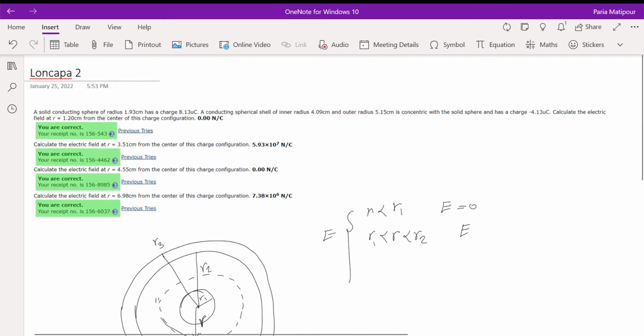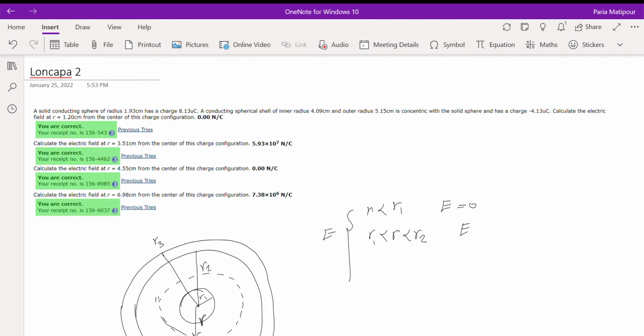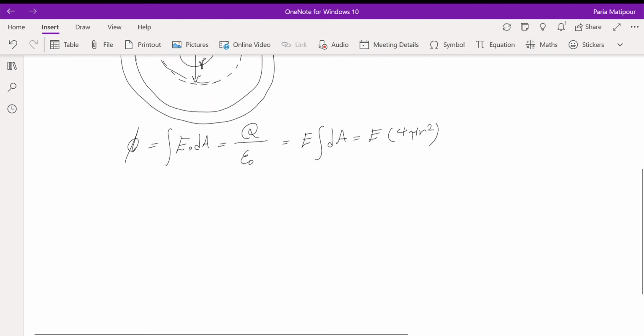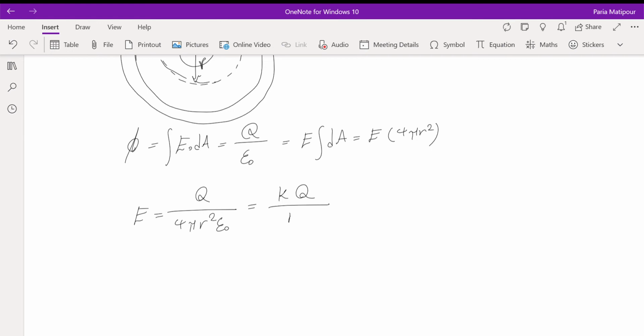And we also know Q because it already says that the solid sphere has this much charge. So what we can do for finding E is literally to just say Q over 4 pi r squared epsilon naught, which is equal to KQ over r squared.